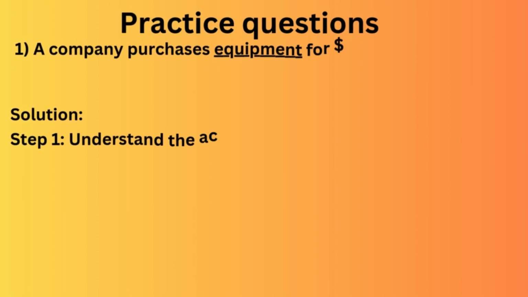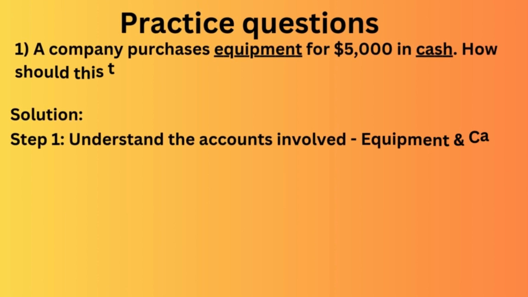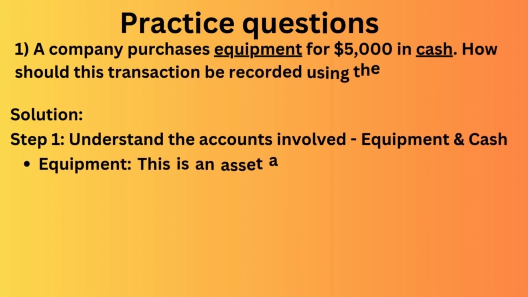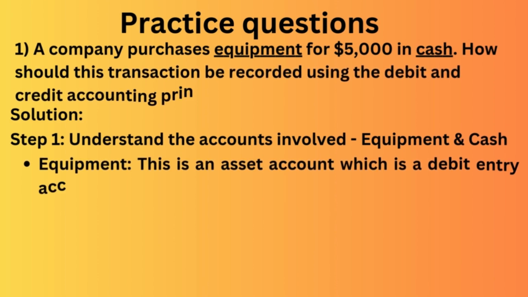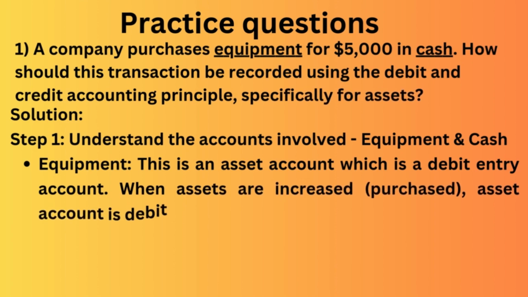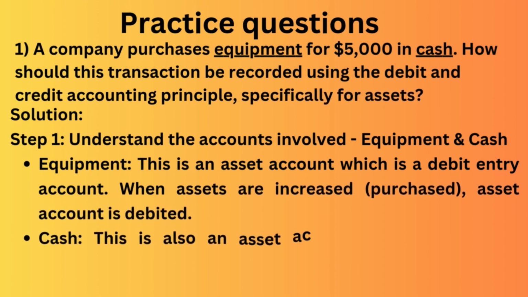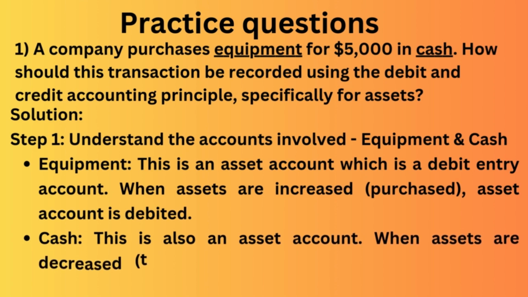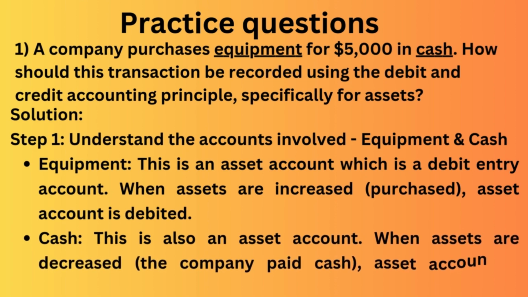Let's go through 3 practice questions to illustrate everything that has been discussed so far. So the first question is, a company purchases equipment for $5,000 in cash. How should this transaction be recorded using the debit and credit principle, specifically for assets?